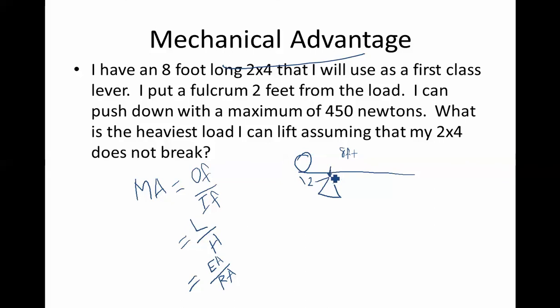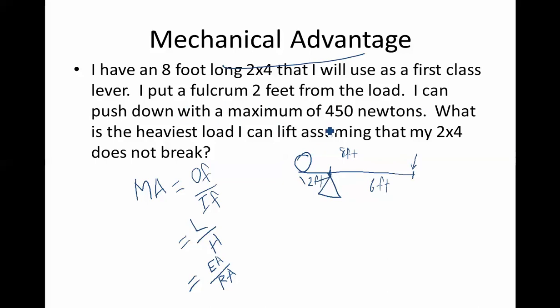That tells me that from here to here, from the fulcrum to where you're pushing on it, that's the effort arm. The effort arm is going to be 6 feet. Now I should also say from the fulcrum to the resistance, that's the resistance arm, and that's 2 feet in this case, okay?